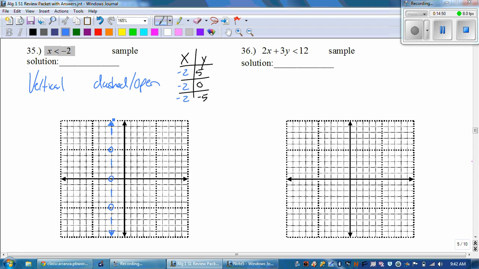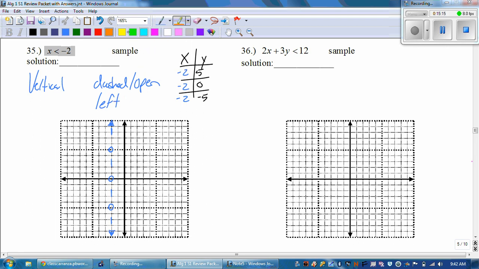Now, we normally shade above or below, but I can't shade above or below here because it's a vertical line. So we're either going to shade to the left or to the right. This is where we have to go back to our inequality. Our inequality is less, and less means left.